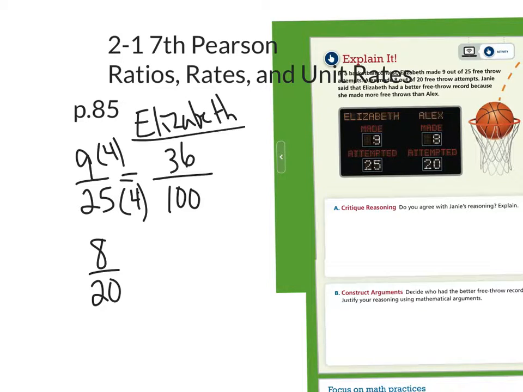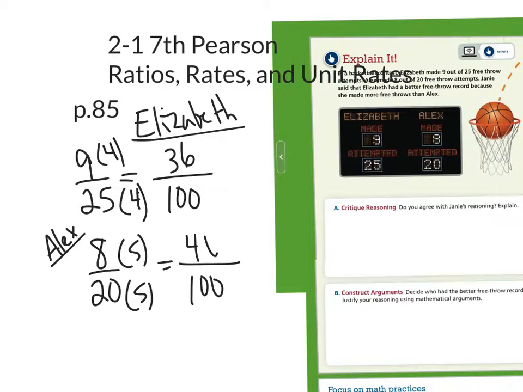On average, we would think maybe she makes 36 out of 100. And then Alex, we would multiply those by 5. We would expect him to maybe make 40 out of 100. So 40 out of 100 is more than 36 out of 100. So actually Alex has a better free throw percentage, is what we would usually call it.